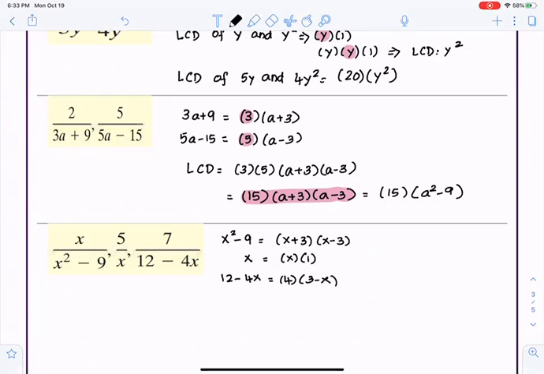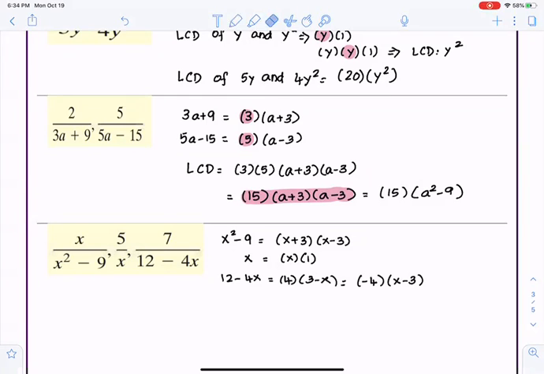So definitely I can rewrite 3 minus x as x minus 3 if I pull a negative out. So if I pull a negative out, I would have negative 4 times x minus 3. So I have nicely factored each of the denominator terms.